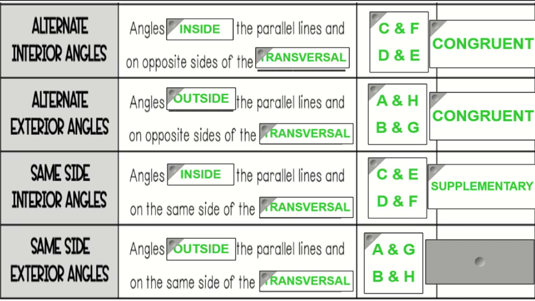So A and G and B and H. So if you look at A and G on your picture, are they different or the same? Different. A's got the big angle, G's got the little angle, right? So if they're different, that means they're going to be supplementary. They're adding up to 180.